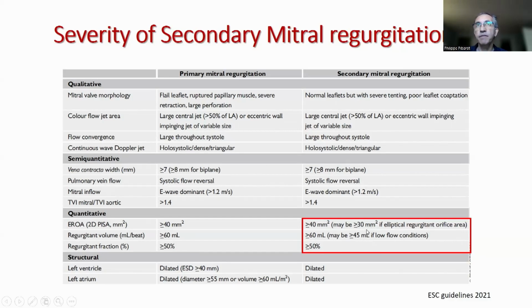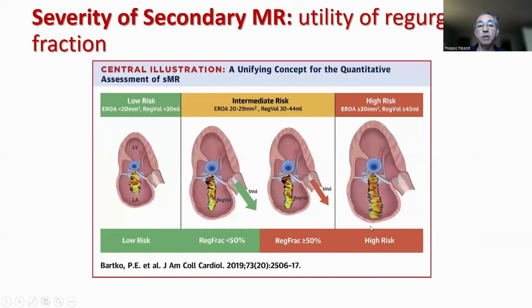So this is the definition for severe or moderate to severe secondary MR, and can be considered as an indication for intervention. And in this study, actually, it is clear that patients who have an EROA more than 30 and regurgitation volume more than 45 probably correspond to a regurgitation fraction more than 50%, because these patients with secondary MR often have low flow state.